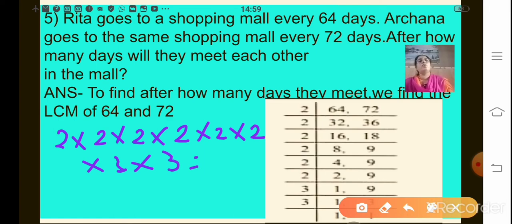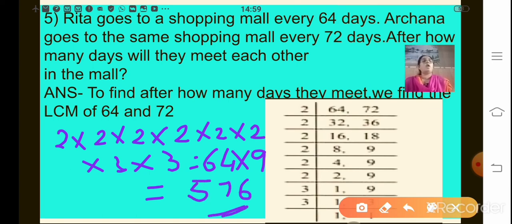So 64 into 9. When you multiply all the 2's, that is 2 into 2 is 4, 4 into 2 is 8, 8 into 2 is 16, 16 into 2 is 32, and 32 into 2 is 64, multiplied by 9 will give you 576. So after how many days will they meet each other in the mall?